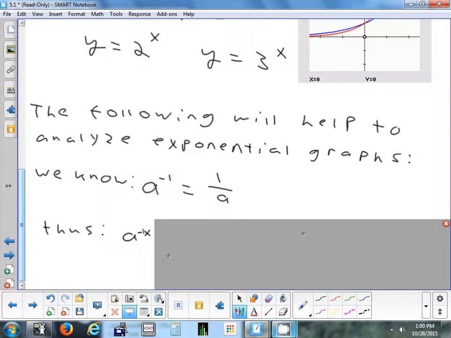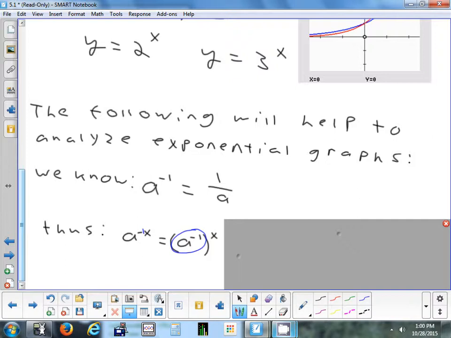So what I'm going to do is think of this as a to the negative 1 raised to what power? The x. Okay, if I did a to the negative 1 to the x, that would mean multiplying negative 1 times x to get negative x. And the reason I did that is because I know how to simplify a to the negative 1.